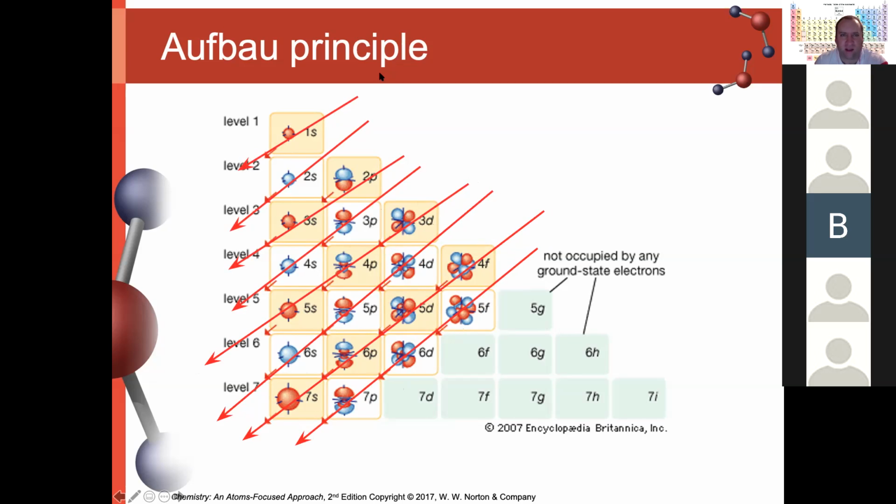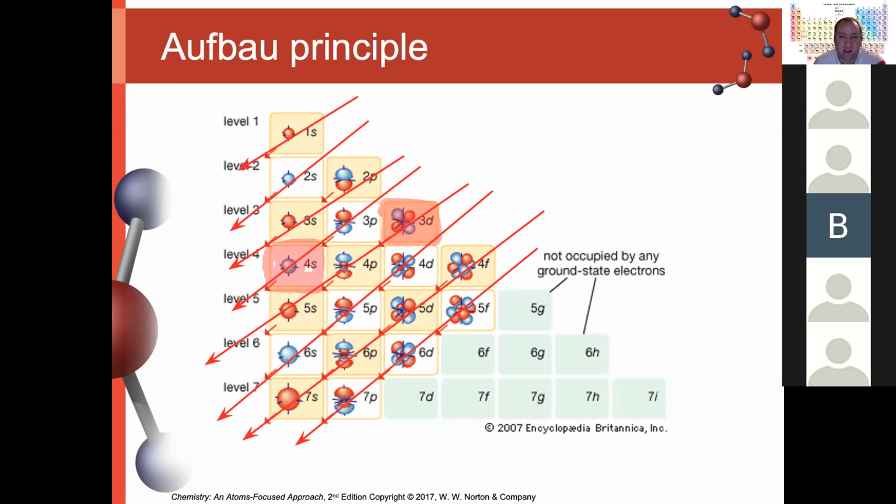Now, what you'll notice is that there are some spots in here that don't quite make a whole lot of sense. For example, you'll see that we fill the 4s sublevel before the 3d gets filled. Based on the Aufbau principle, the 4s sublevel is lower in energy than the 3d. The 3d requires a little bit more energy to put electrons in it than the 4s does.